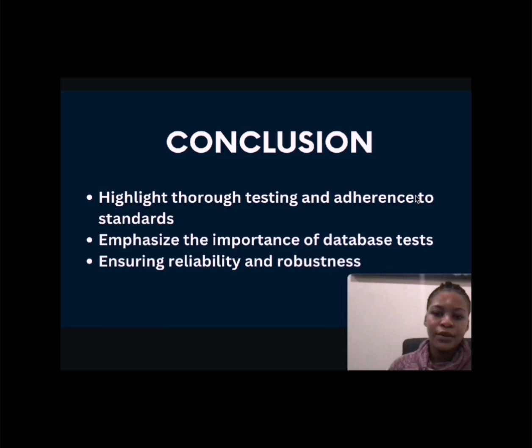So in conclusion, for section E, the Brownfields project test plan execution highlights thorough testing to the standards and also the verification of functionality. So each test ensures the software's reliability and robustness, and also guides the future development and refinements of our project.